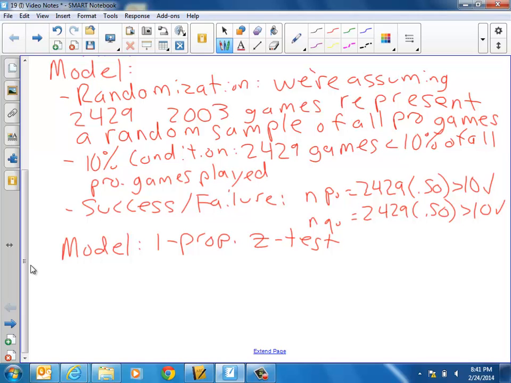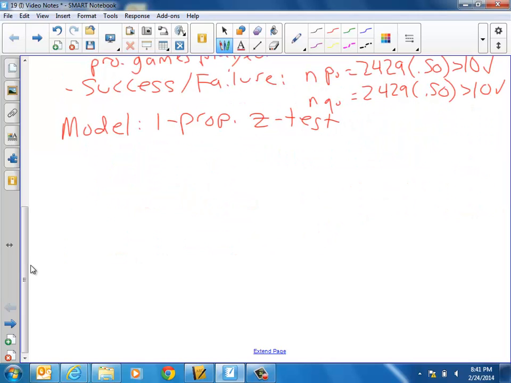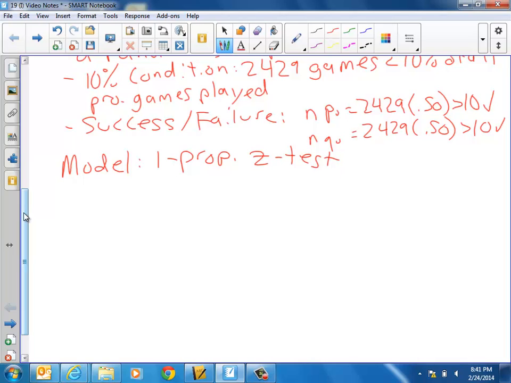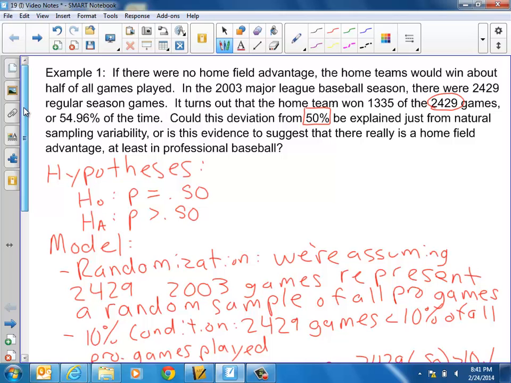And it's got a fancy name, but again, the bell curve's no different than what we've seen in the past. So we're going to build this bell curve here, and we're going to use it to look at how deviant these 1,335 of the 2,429 games was from our baseline 50% win rate assumption for home teams.